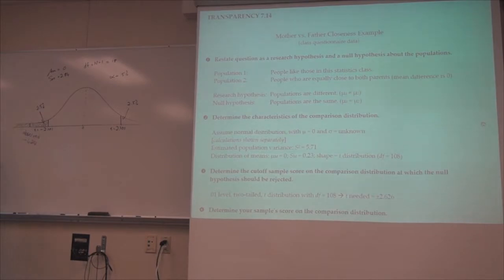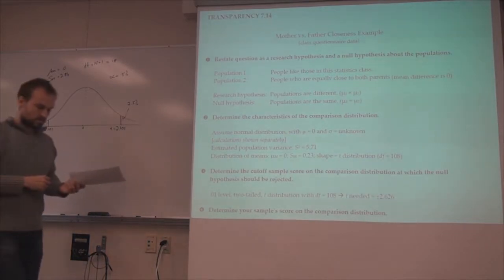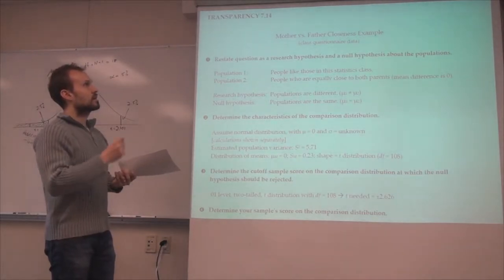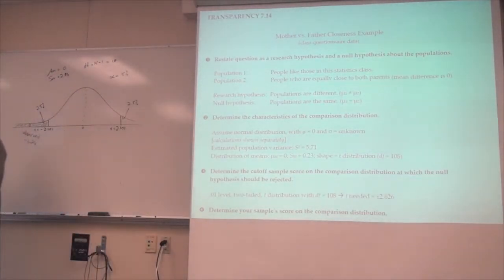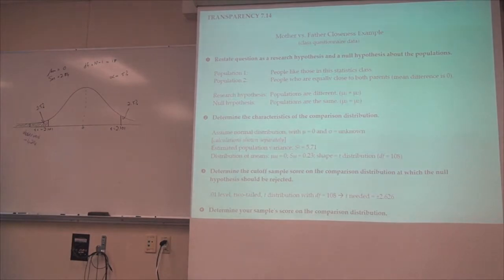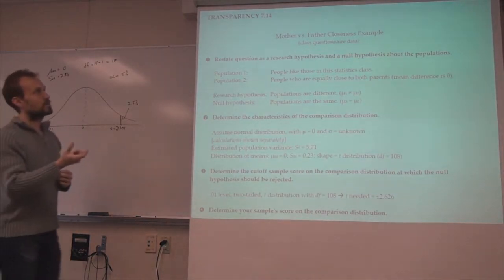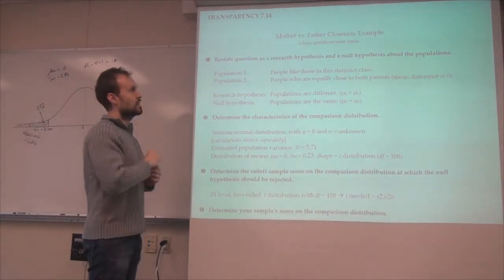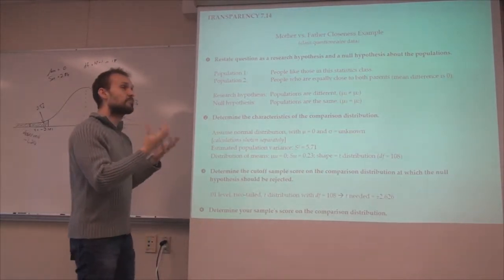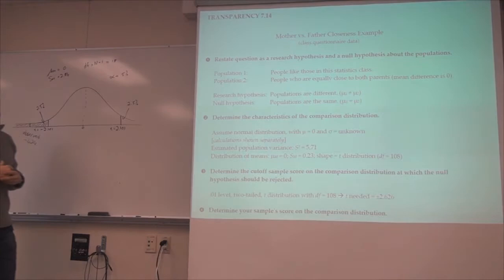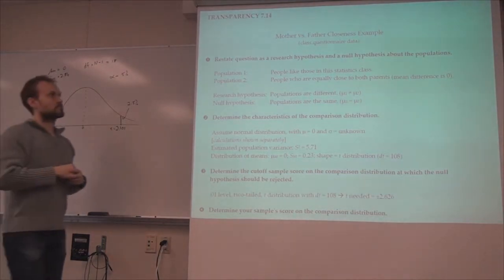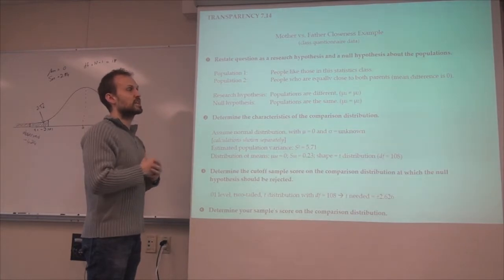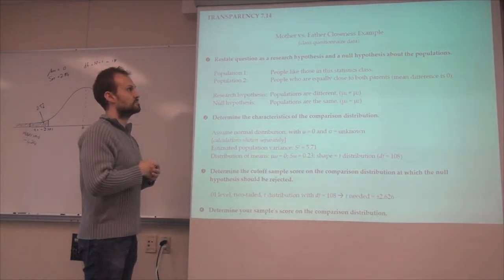So a class is surveyed, and they're asked 2 questions. Rate the closeness to your mother and the closeness to your father. And so the same people are being rated, and I'm trying to see if the closeness rating is the same.